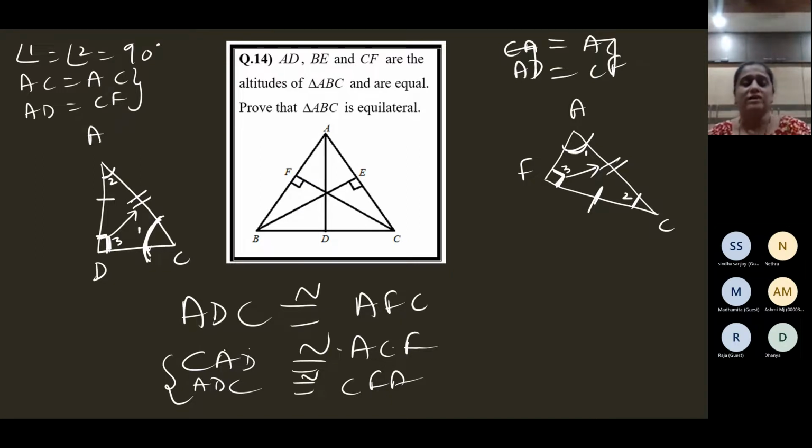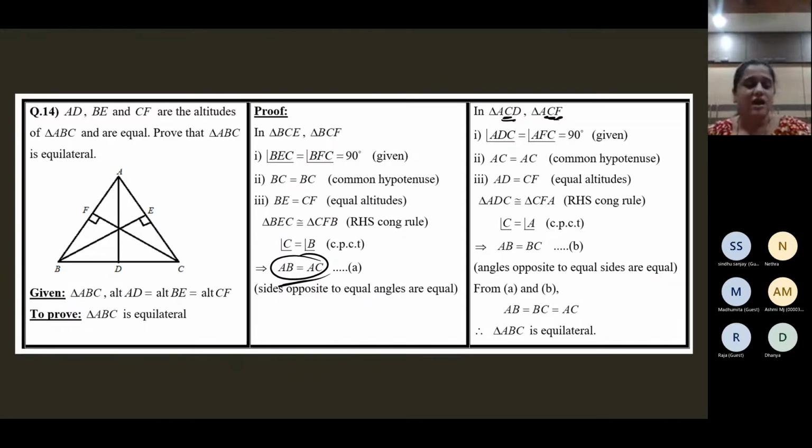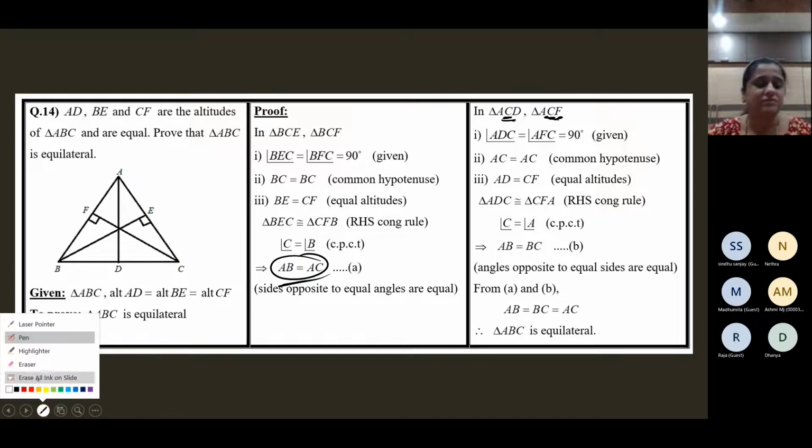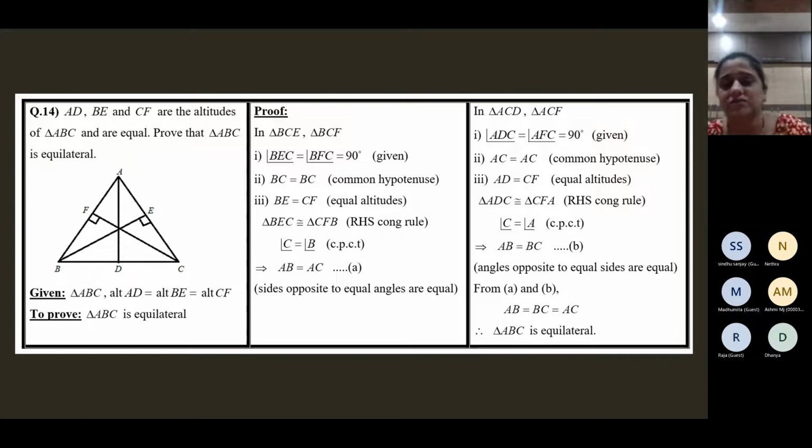So 1 here is equal to 1 there, CPCT. 2 here is equal to 2 there, CPCT. So we want this one, angle C is equal to angle A. That's what I've written here. Angle C is equal to angle A, CPCT.